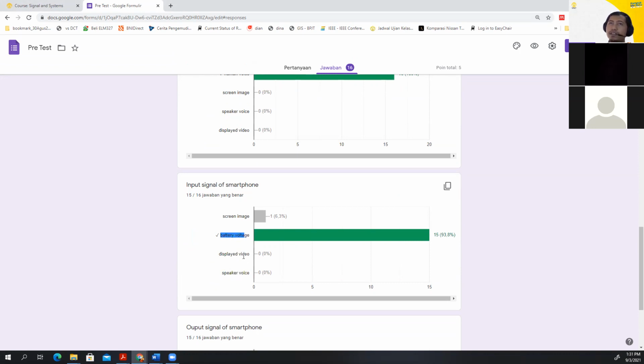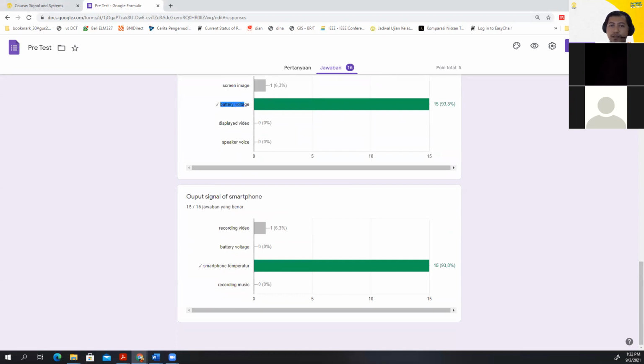Yes, the voltage of the battery will be used by the smartphone to power up. When the voltage of the battery is decreasing, it is not enough to power up the smartphone. Output signal of smartphone, recording video: this is input, of course. Battery voltage, input. Smartphone temperature: yes.